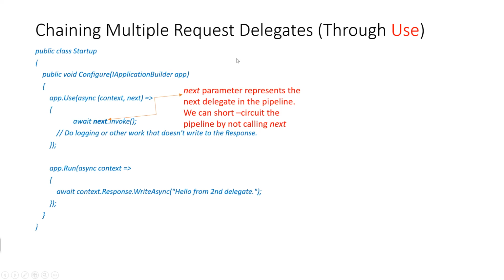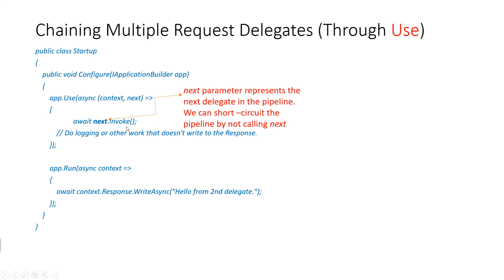But if you look at the next slide, on chaining multiple request delegates through use, use is an extension method which chains one middleware to the next in the pipeline with the next parameter. The next parameter represents the next delegate in the pipeline. We can short circuit the pipeline by not calling the next.